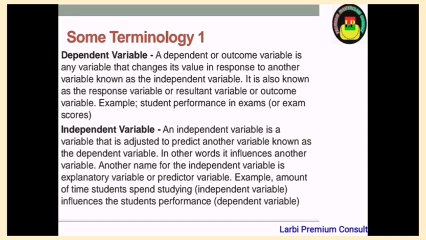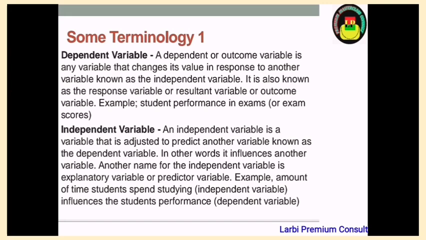A particular student learns statistics, I mean, he took his lectures seriously and studied very seriously, so at the end of the day, he performed very high. So you can see that once you study hard, your performance will increase. That is the assumption, and that's why we call the outcome the dependent variable.